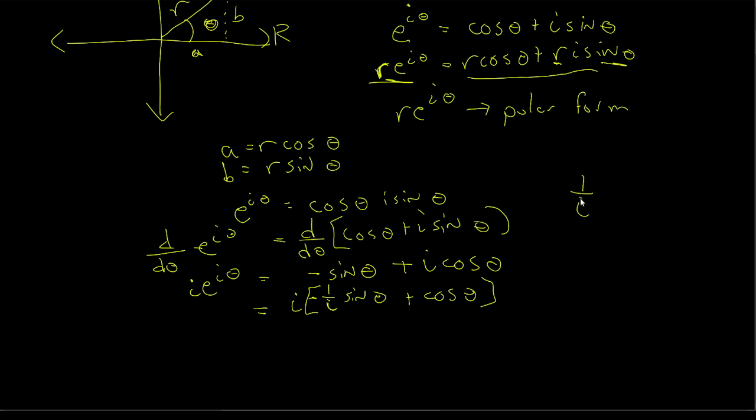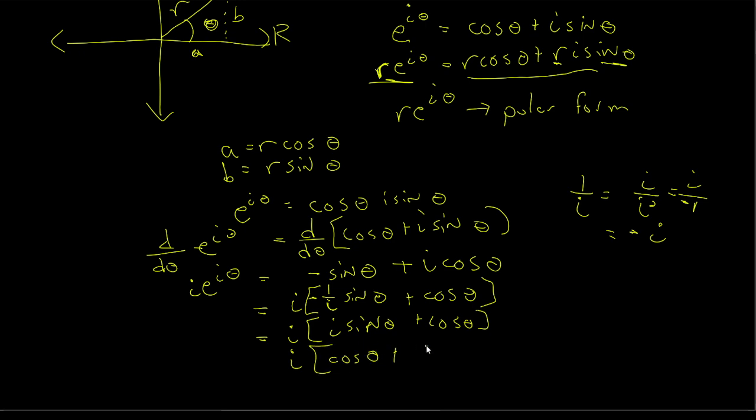And 1 over i is the same as i over i squared, which is negative i. So if I rewrite this as negative times negative i sine theta plus cosine theta, or i cosine theta plus i sine theta, this we knew was e to the i theta.